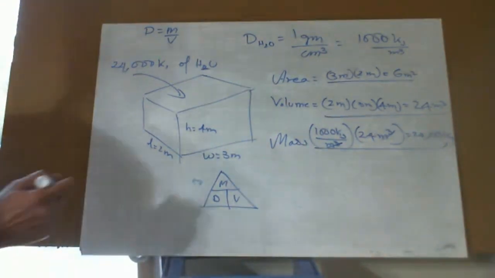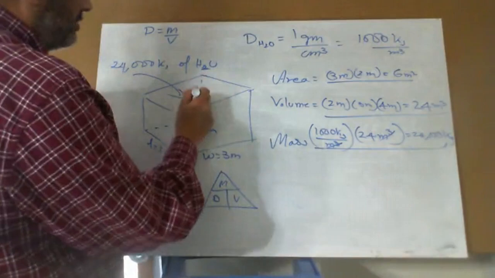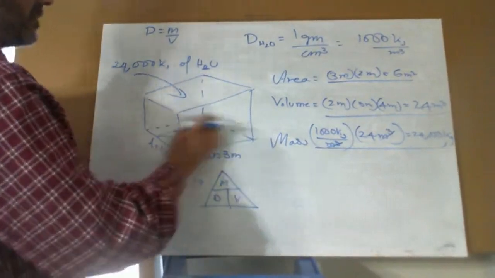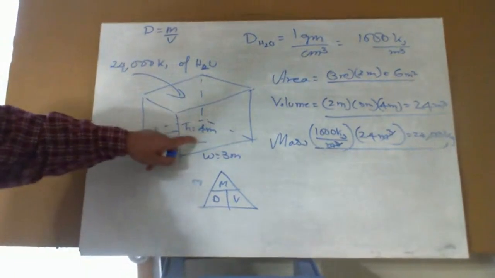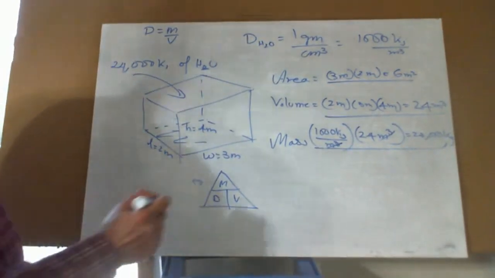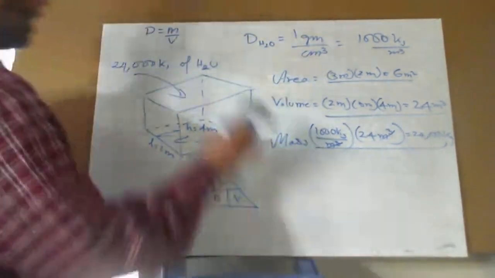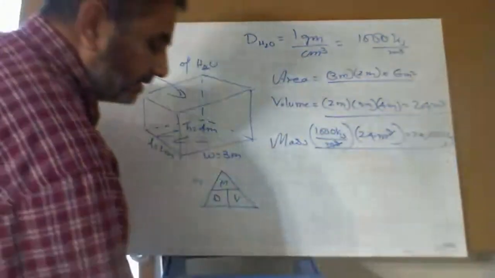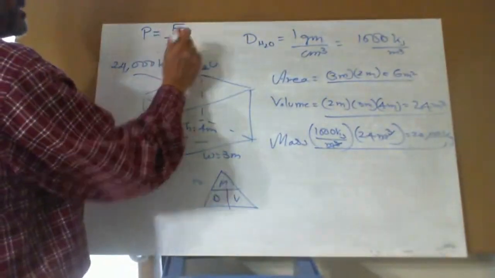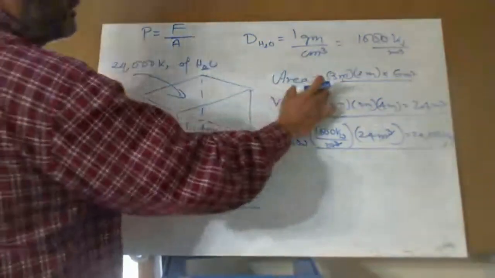Okay, how do you find the weight? Suppose I want to find the pressure at the bottom of this tank filled with water. In order to do that, I need two numbers. Remember, to find the pressure, I need the force, which is the weight in this case, and the area, which I already have.